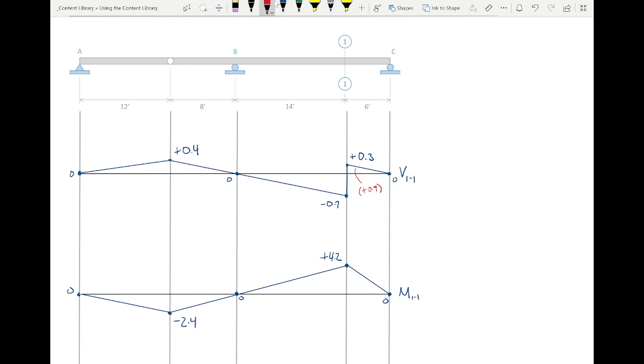One half base of 20 times the height, so we can get the entire triangle in one fell swoop. What is the area of this whole triangle? One half of 20, which is 10, times 0.4, I believe that's 4. Does that make sense? What about this triangle? What's the area of that?